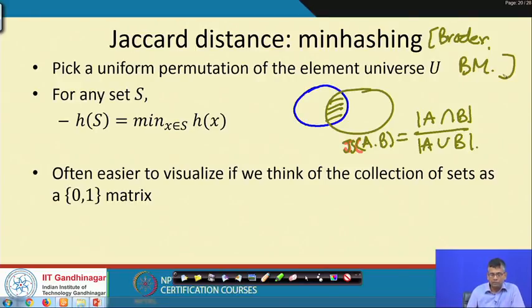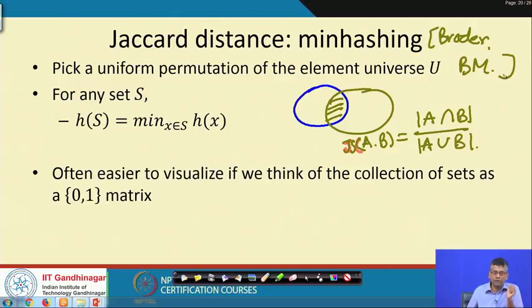Consider all random permutations of the universe U. If the universe size is n, there are n factorial permutations. Pick any one of them uniformly at random.